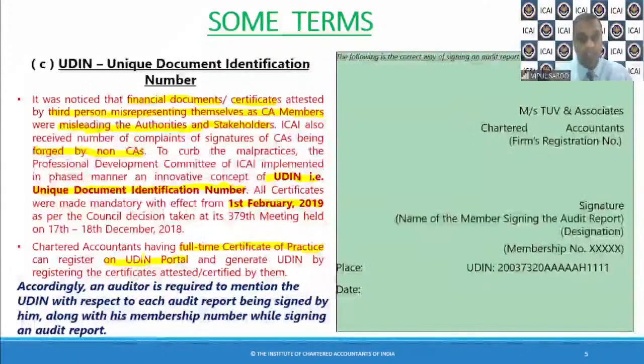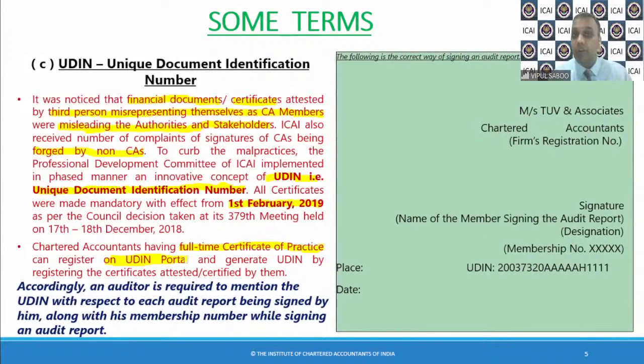I'll show you in the next slide how it looks. On the UDIN portal, you have to create an account and register over there. And from 1st of February 2019, it became an important part of the life of every chartered accountant in practice. After that date, if we are issuing any certificate, we log into the UDIN portal, give the details as asked, and choose the certificate.